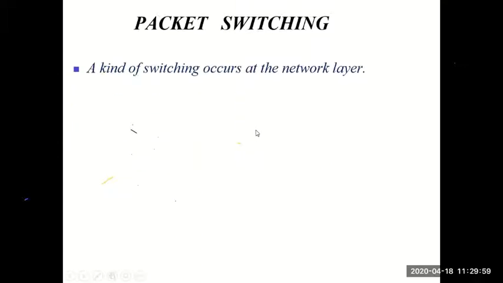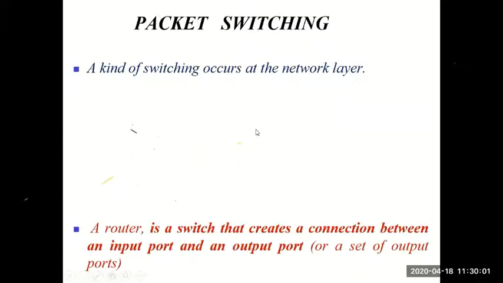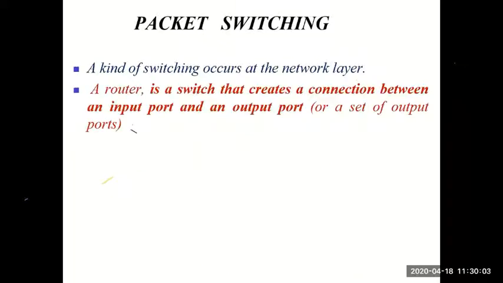The next thing is packet switching. I told you the main function of the network layer is to divide data into packets, or to create manageable size packets. So it's a type of switching which occurs. You have studied all the connecting devices in the previous classes. You are familiar with a hub, switch and router, right?